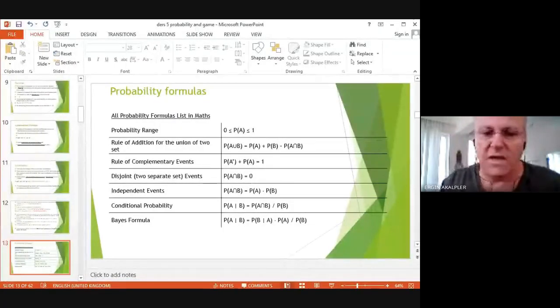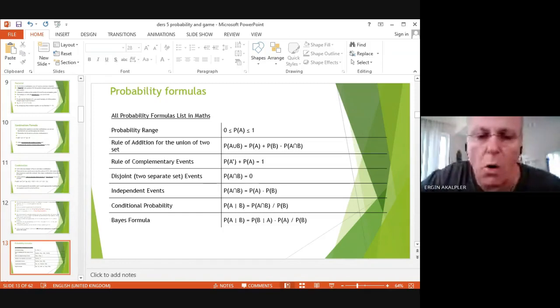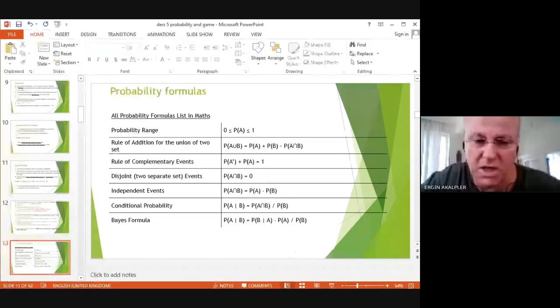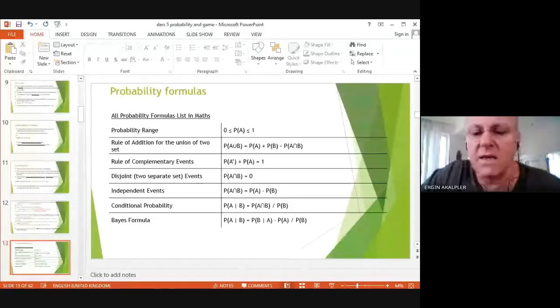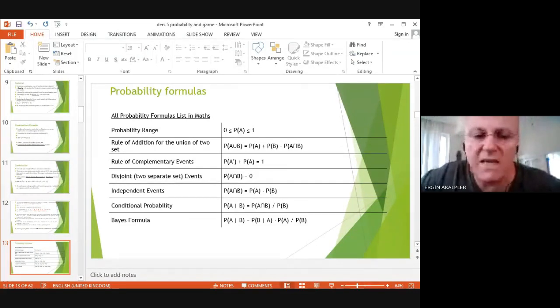P(A intersection B) is P(A) multiplied by P(B), because these variables are independent, not dependent on each other. And conditional probability, P(A given B), is the probability of A intersection B divided by the probability of B.